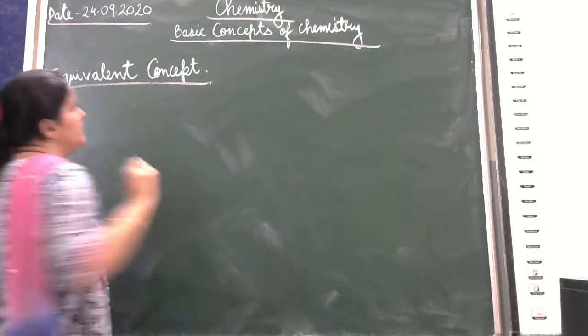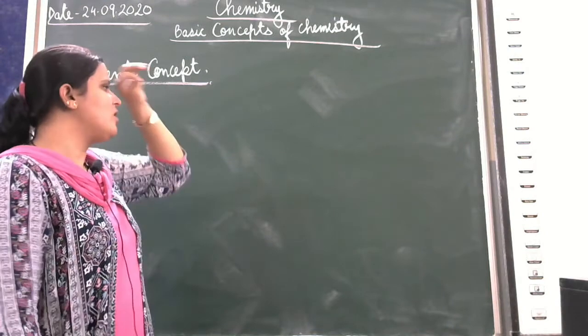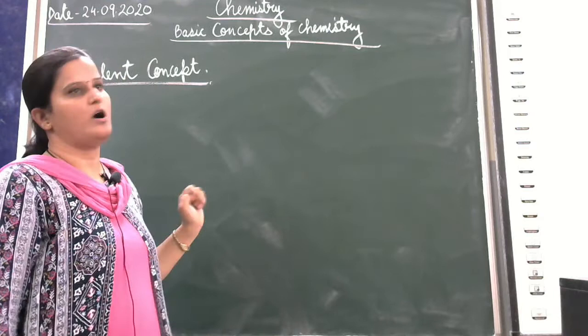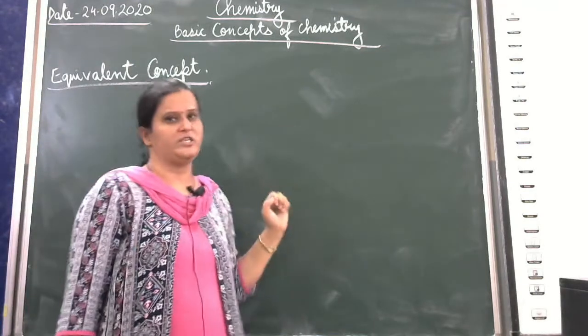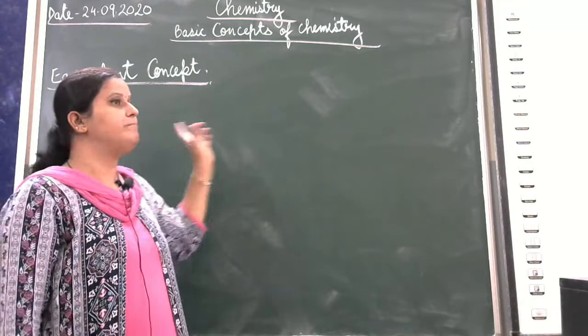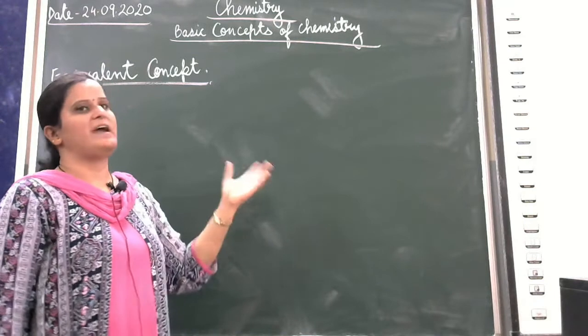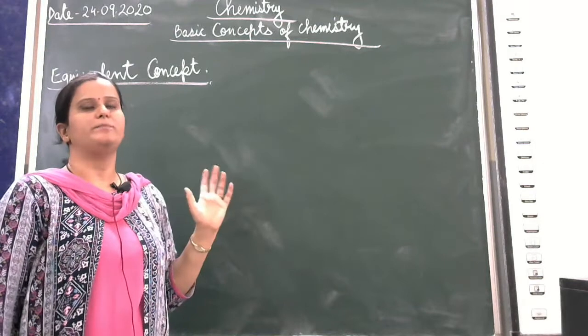Now see, the problem with the mole concept is that whenever we are going to find out the moles of a particular reactant or product in a chemical equation, you might have seen that the first thing I need is the balanced equation. Suppose they have just given you A plus B reacting to give the products.